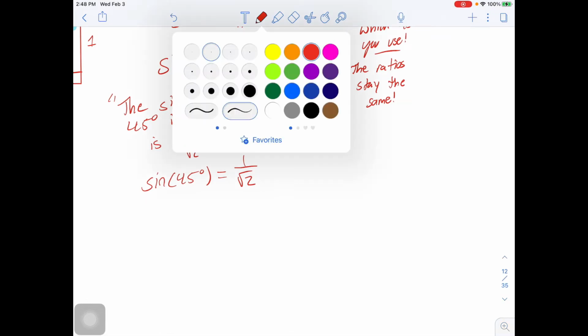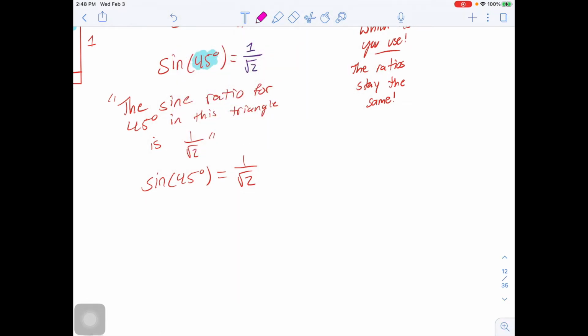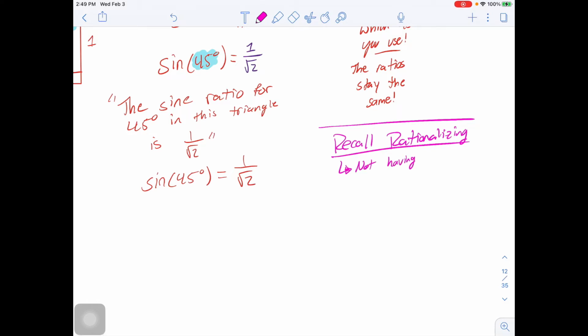Okay? Now, something I suggest is knowing how to rationalize. So recall rationalizing. Again, something you learned in grade 10. So if you don't remember what rationalizing is, I have a video linked to review that. But essentially, rationalizing means not having square roots in the denominator. So how do I get rid of a square root in a denominator?